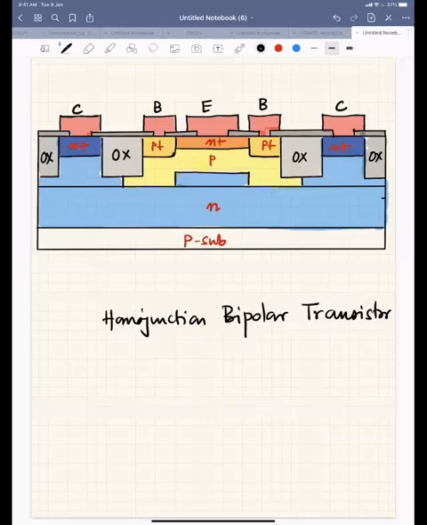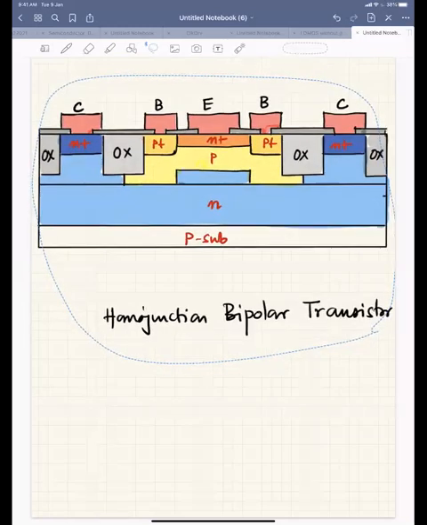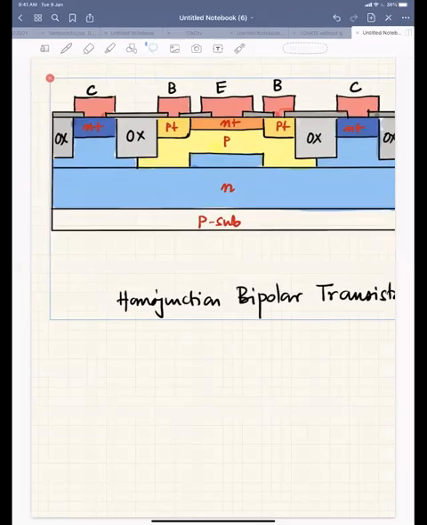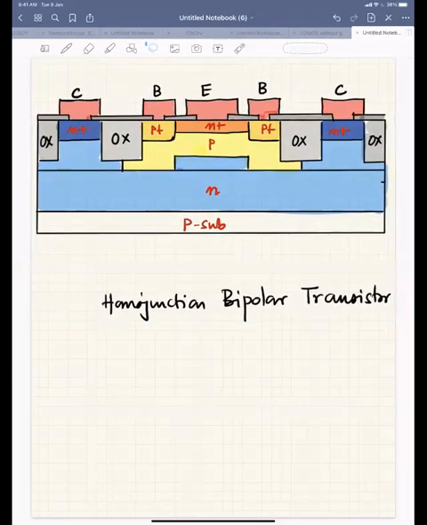Here you see, this is the cross section, right? So when I talk about an NPN junction, we are talking about this part here.